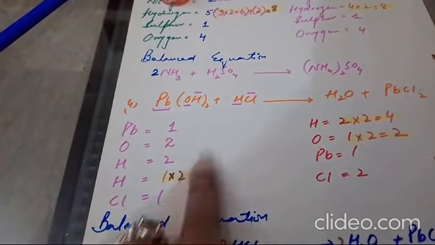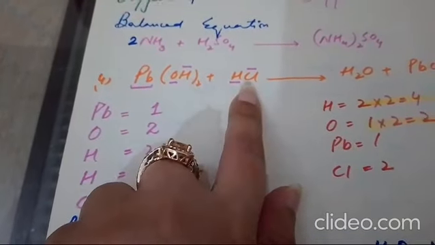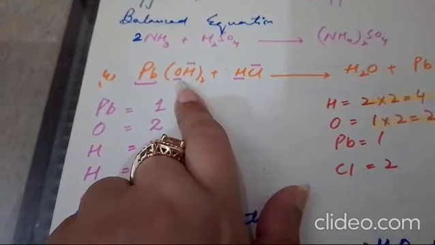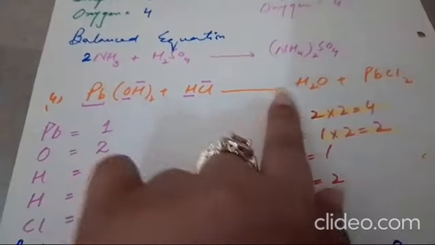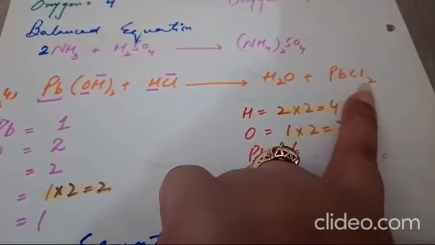And chlorine is 1. 1 hydrogen, 2 ones are 2. 2 plus 1, 3. 1 2s are 2. 2 oxygen, 1 chlorine, 1 lead. Here we have 2 hydrogen, 1 oxygen, 1 lead and 2 chlorine.